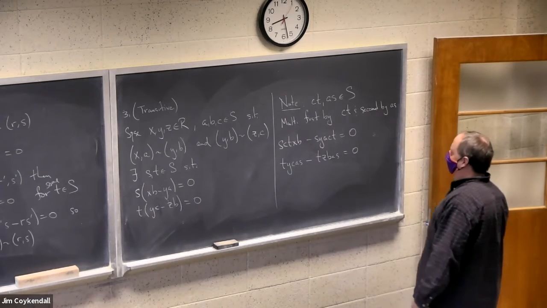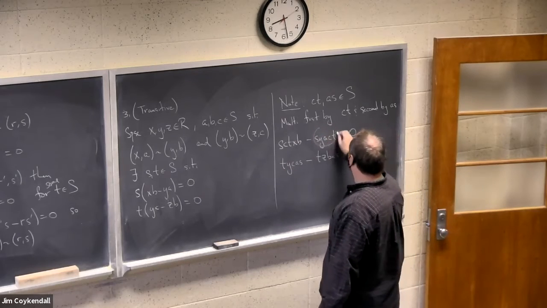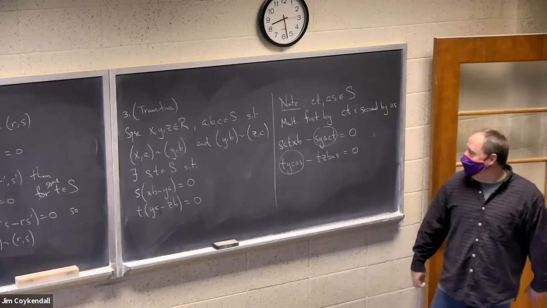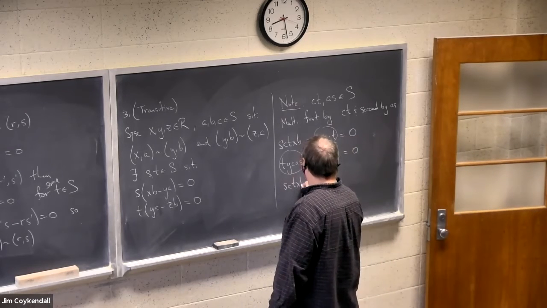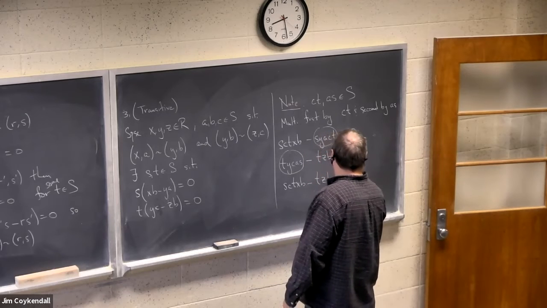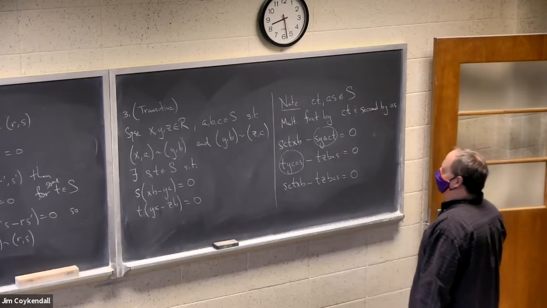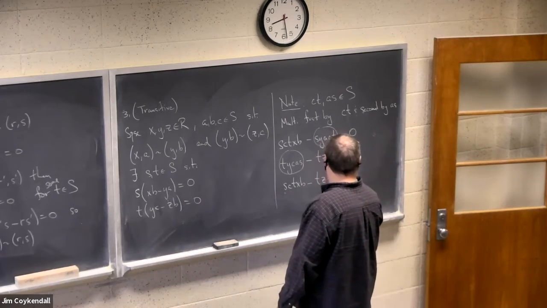Now notice, gotta love commutativity, these two are the same. So when you add them up, I get SCTXB minus TZBAS equals 0. What I'm supposed to do for the next step here, I need an STB.